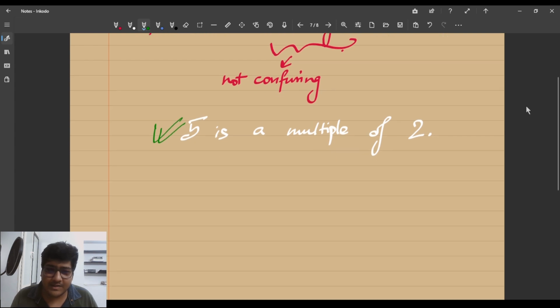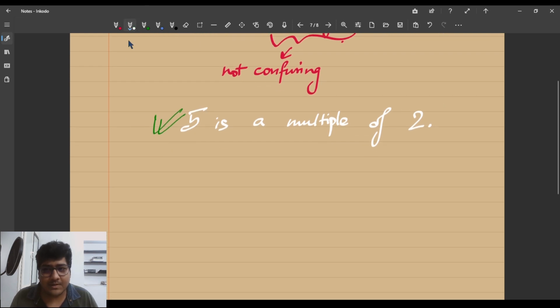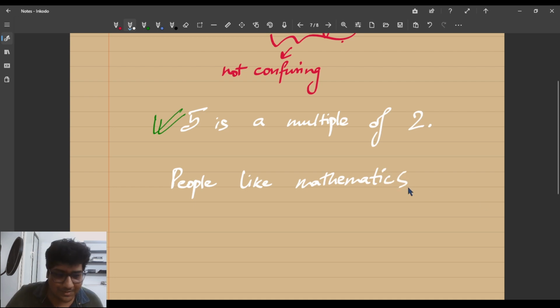So what will not be a statement? What's a non-example? People like mathematics. Some people don't, some people do. It depends on the country you live in.